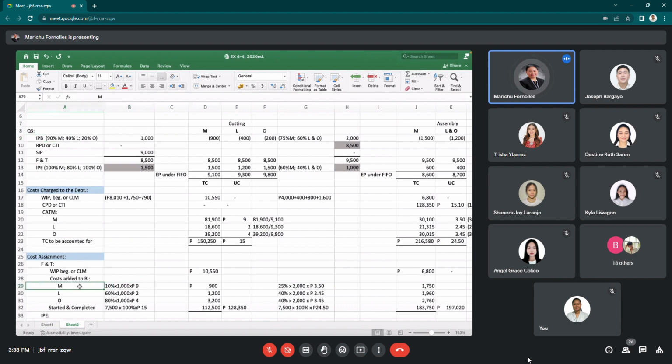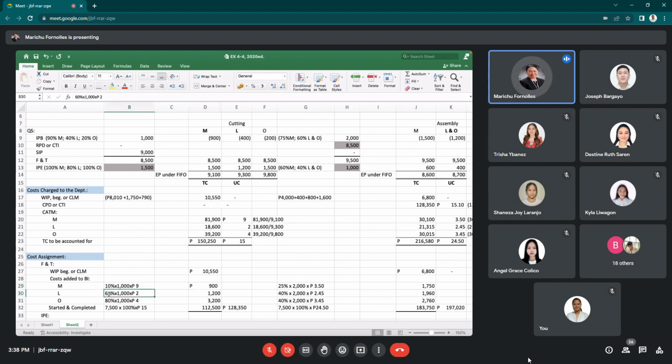So ang material cost added to the beginning inventory of 1,000 units is 10% for materials times the 1,000 units started last month, sumpayi dayon sa unit cost of materials which is 9. And you will get 900 pesos.